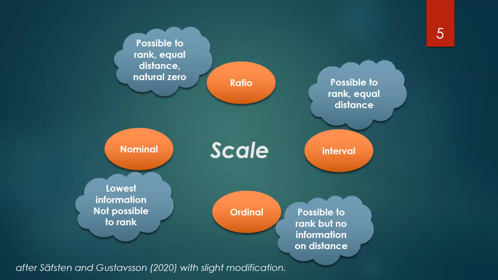And ratio data are numbers that are possible to rank, have equal size, and a natural zero. What does it mean? Let me explain it with temperature. If your temperature is on an interval scale and you get 0, it means that it is very cold. It doesn't mean that temperature does not exist. But in the ratio scale, when we say, for example, weight, when weight gets 0, it means that the thing does not exist.